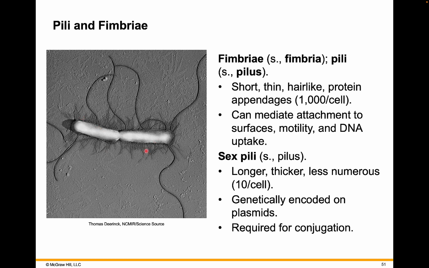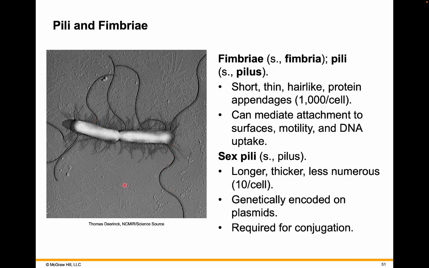On the other hand, there are certain types of pili which are known as the sex pili. Here you can see that these are longer, thicker, and less numerous rods. These are encoded by a specific plasmid. That means that if a bacterium doesn't have the plasmid, it does not have the ability to produce this pilus or pili.